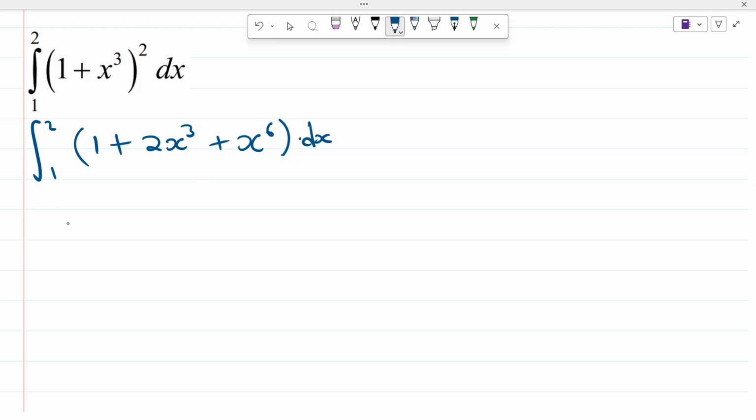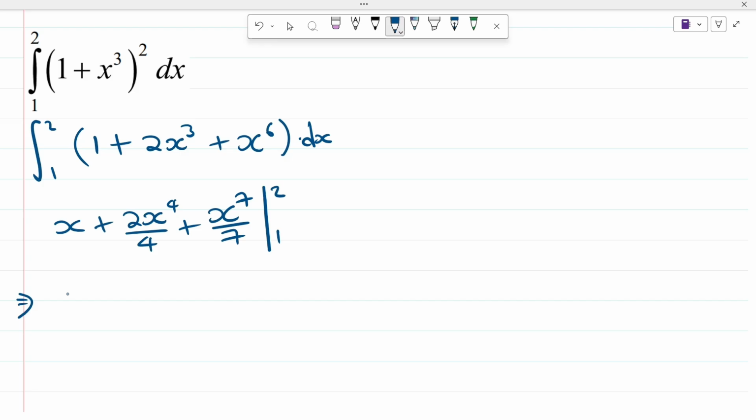Now we can integrate this because it's simple. With respect to x, when we integrate that, that's going to be x plus 2 x to the power of 4 divided by 4 plus x to the power of 7 divided by 7. We put our limits 2 and 1. Then we substitute the limits.